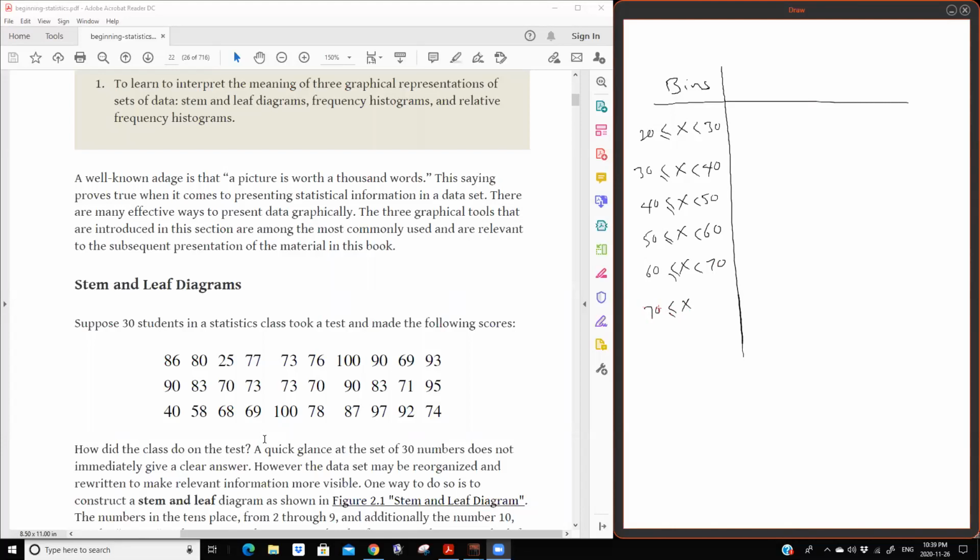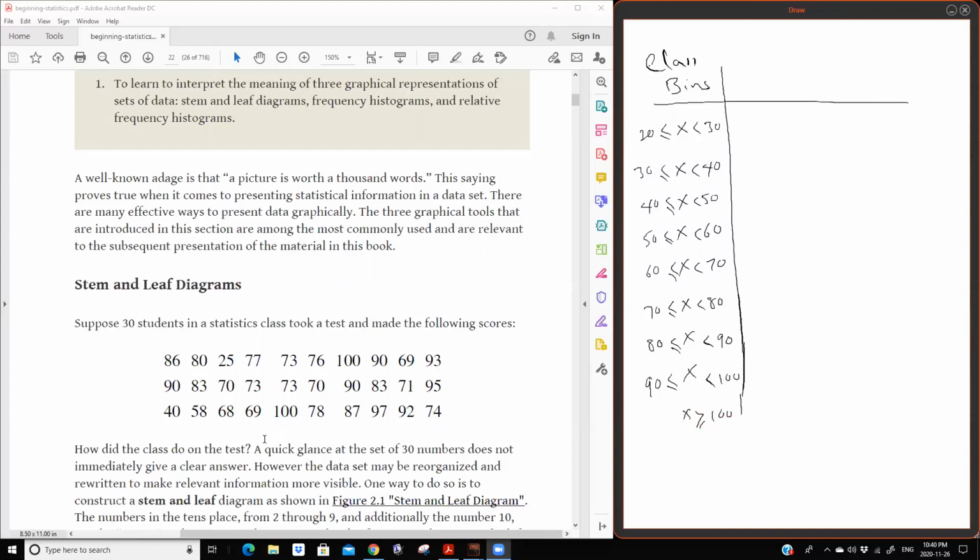Greater than or equal to 70, less than 80, next bin. These are also called classes, so these are called classes or bins. 80 less than 90, and greater than or equal to 90 and less than 100 goes here, and anything that's greater than or equal to 100 goes to the last bin.